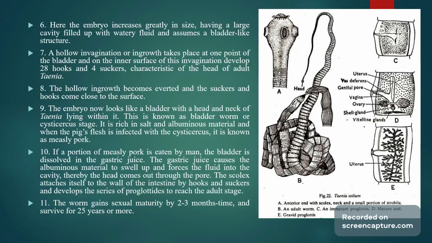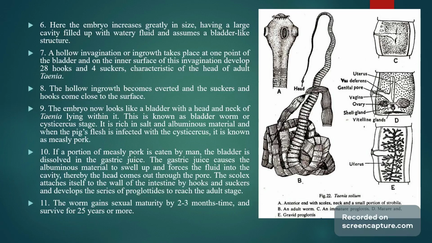A hollow invagination takes place at one point of the bladder, and on the inner surface of this invagination develop 28 hooks and 4 suckers, characteristic of the head of adult Taenia. The hollow ingrowth becomes everted and the suckers and hooks come close to the surface. The embryo now looks like a bladder with a head and neck of Taenia lying within it.